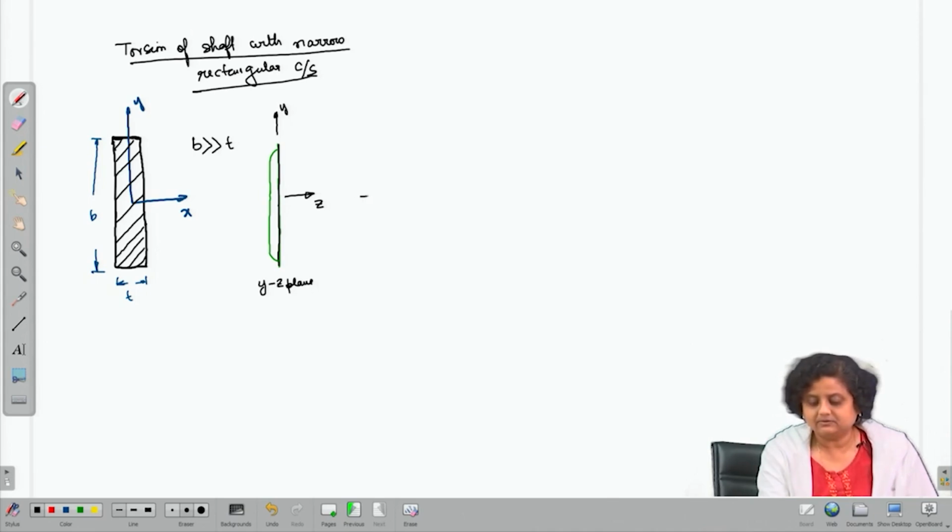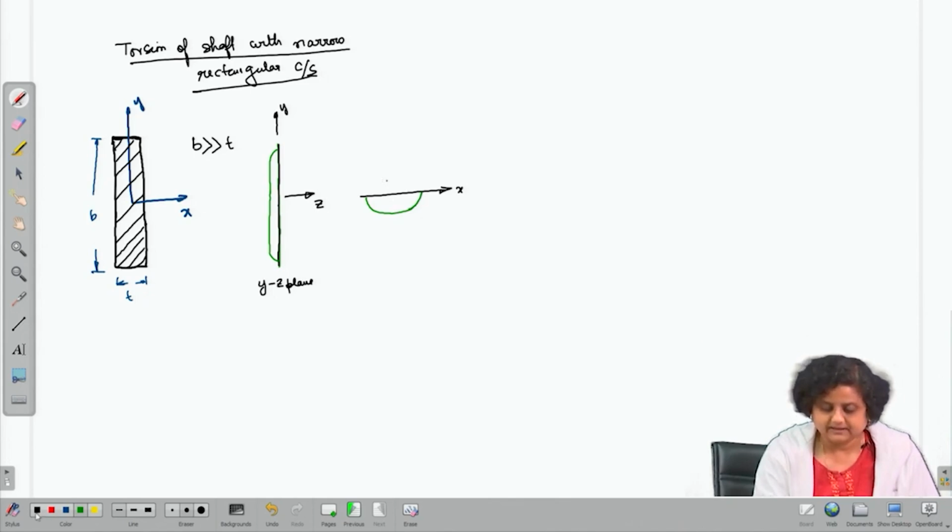Similarly, if I try to draw the deformed shape in the XZ plane, then it is going to look something like this.